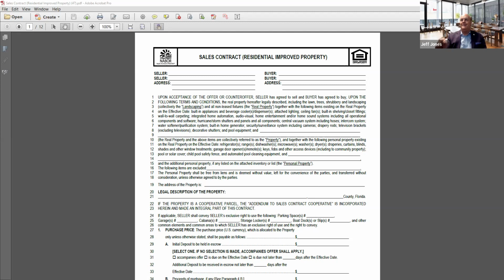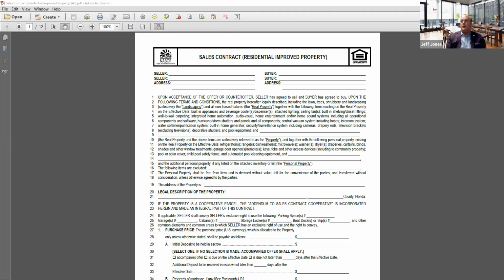Because really, unless you have a detailed list signed by the buyer and seller, you have no guarantee that inventory is going to be there or has to be there when you close. So please don't shortcut this process. You can shortcut your relationship with your buyer or seller pretty quickly if this conveyance doesn't work according to plans for everybody.